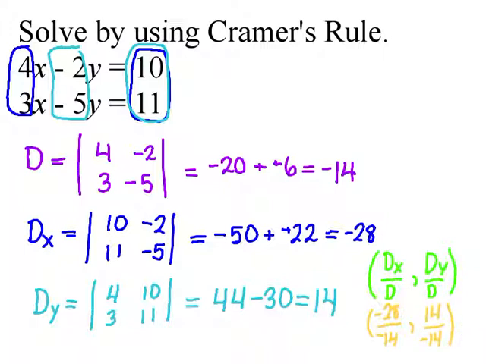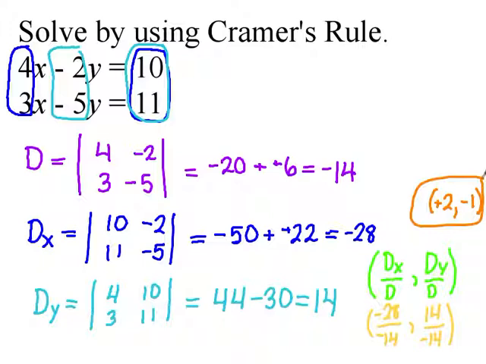So what is my solution going to be? Negative 2, negative 1. Perfect. Actually positive 2, negative 1, because you got two negatives there with the negative 28 and the negative 14. So that's your solution.